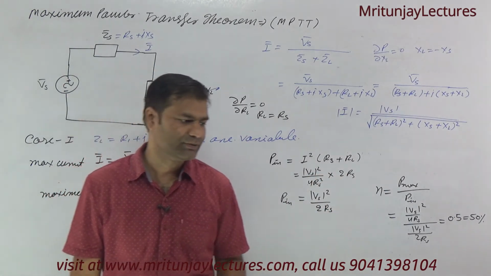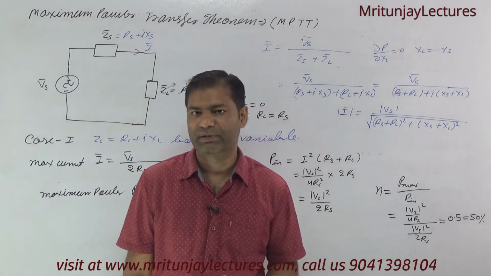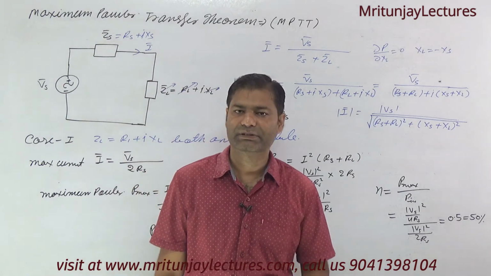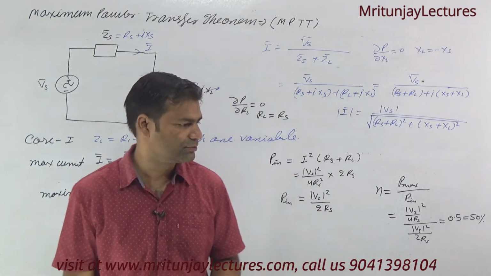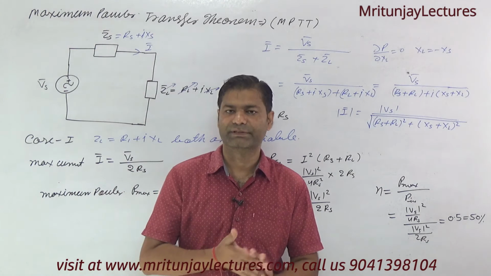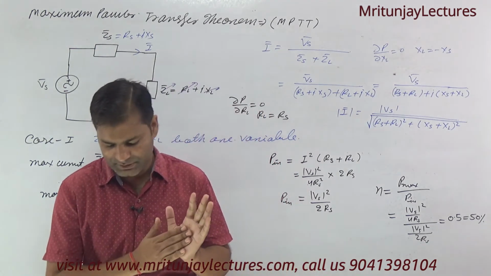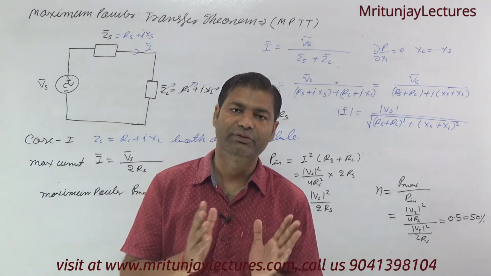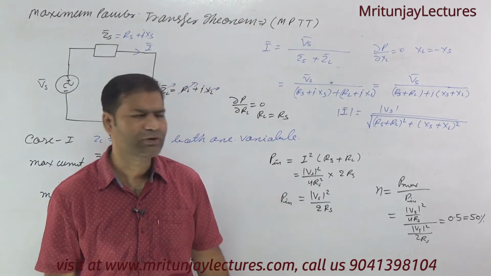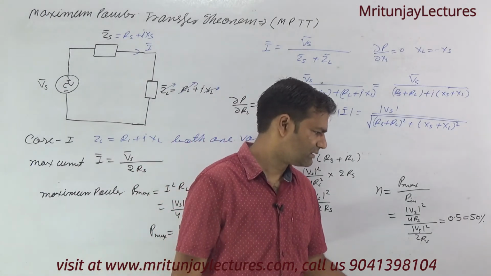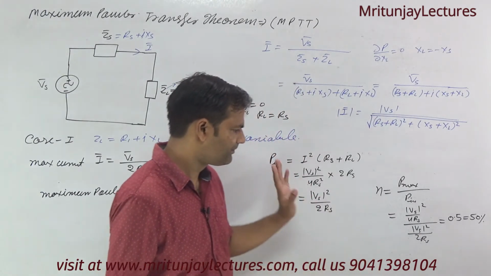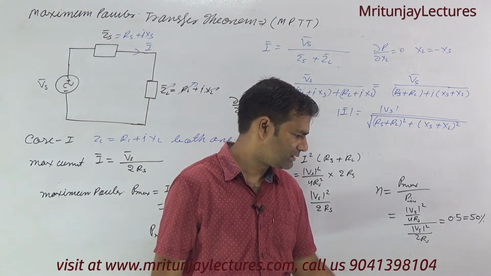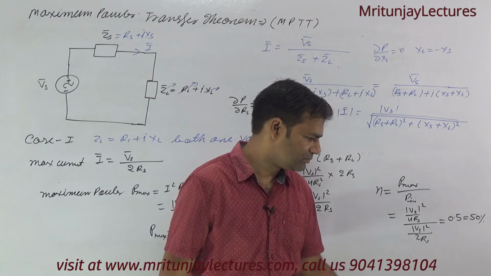If you want maximum efficiency, then we use rated load, full load, as I have already discussed in the transformer. Clear or not? If you feel any doubt, then tell me, sir, I face the problem. Otherwise I will move on.